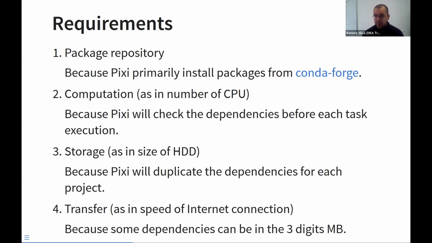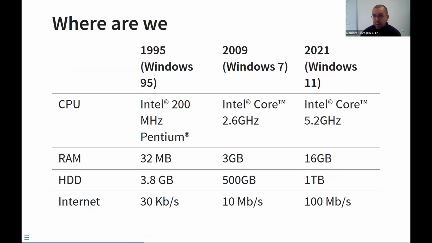We also end up duplicating some libraries for each one of your projects, which requires a little bit more storage. And because it will download any new dependency, it also requires some internet connection from time to time. Generally, this would be a problem, but it's not anymore, because we expect that people are using computers that have a lot of CPU, RAM, and a fast internet connection. But you should keep in mind when using Pixi that those requirements might be a limitation for some users.